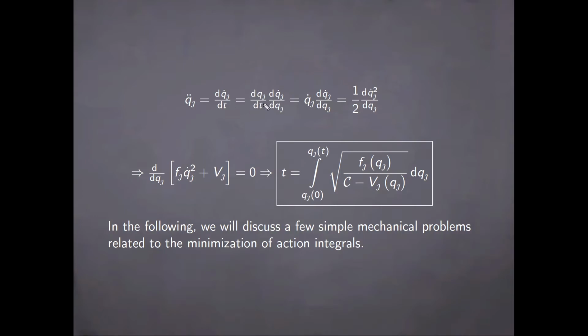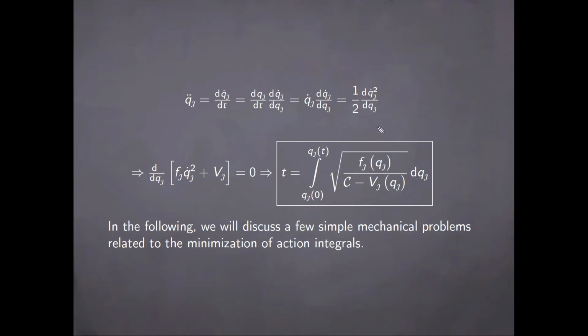And in doing so, I can write the expression here as a product between the generalized velocity qj dot and the derivative of the generalized velocity qj dot with respect to qj. And then I can integrate this once again to obtain the expression here, 1 over 2 times the derivative with respect to qj of qj dot squared.